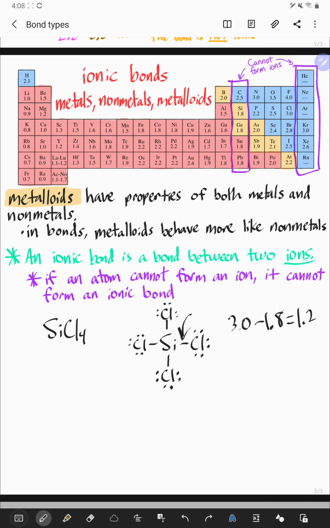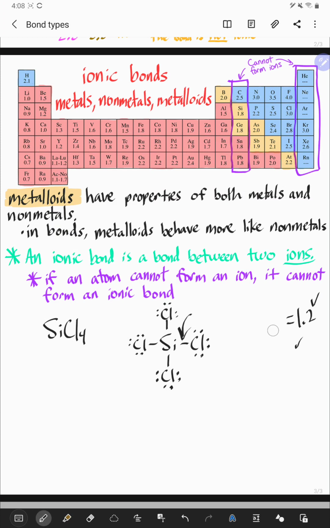Ionic bonds are when a metal bonds to a nonmetal, and here we do not have a metal bonded to a nonmetal. So for 2 reasons, the electronegativity, but also because we have a nonmetal bonded to a metalloid, which we think of like a nonmetal bonded to a nonmetal, both of those tell us that this is not an ionic bond.